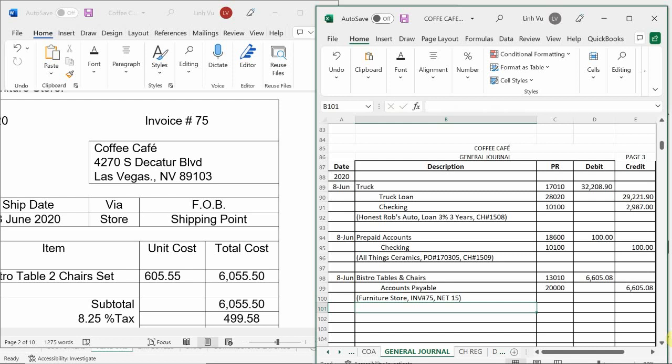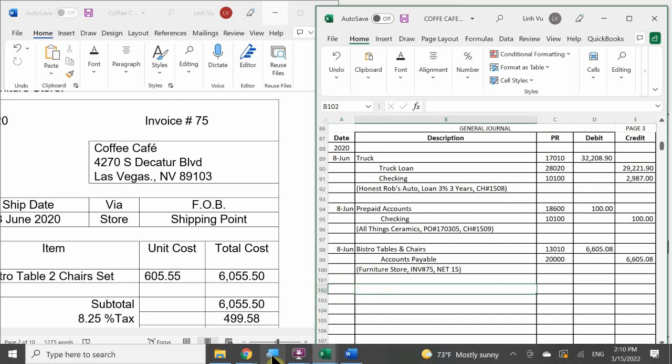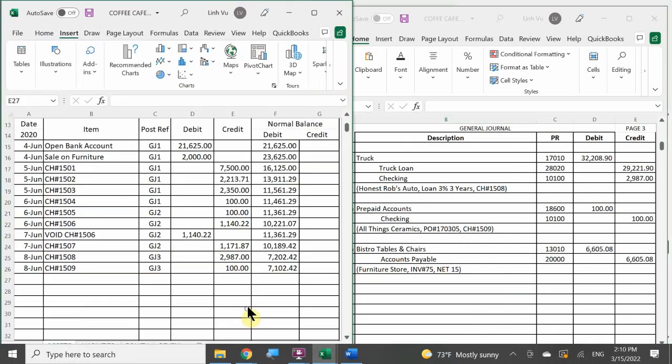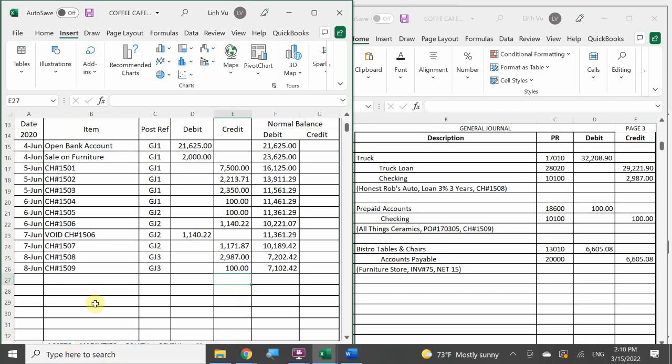So, now that I have 15 days to pay this, I am going to record this in my ledger. Okay. So in this case, I acquired my furniture, my bistro tables and chairs.